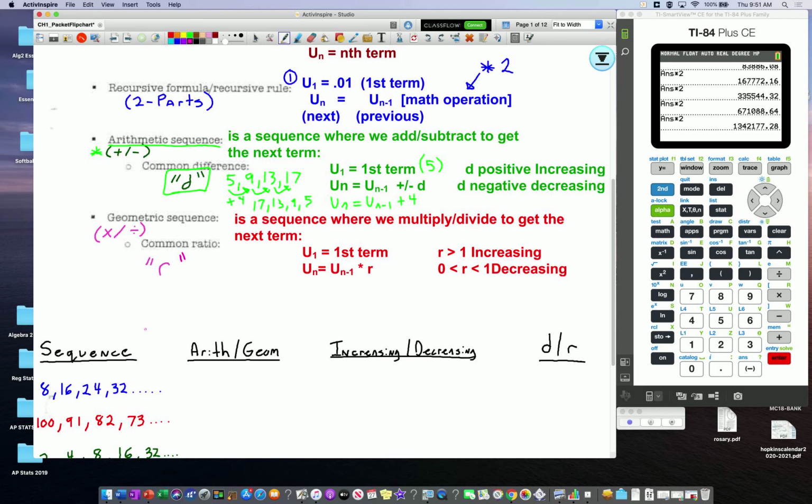Okay, so we define this common ratio as R. And R can always be found by taking any next term in the sequence and dividing it by a previous term.